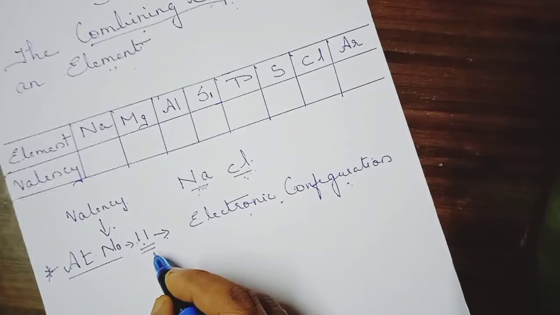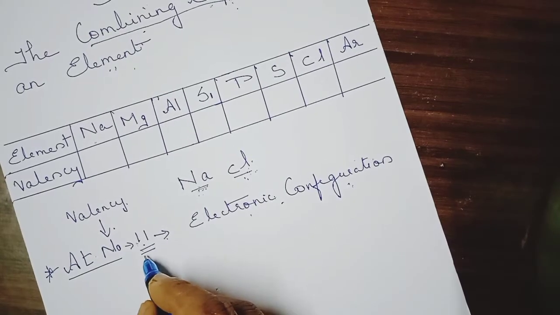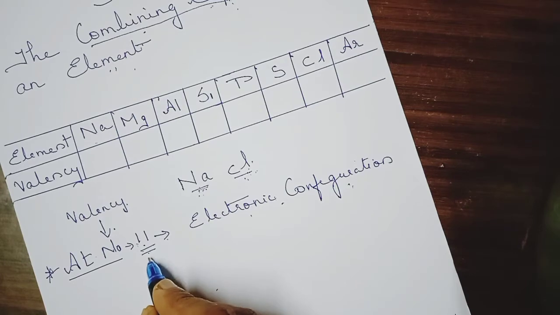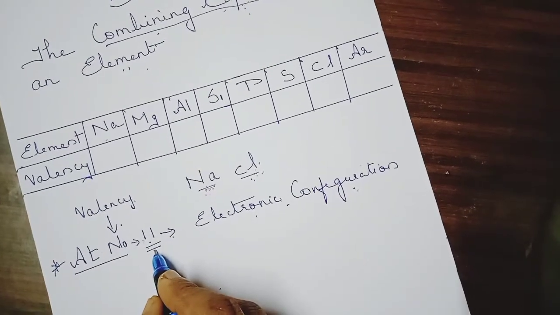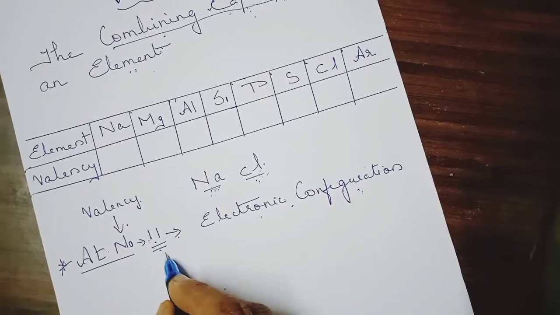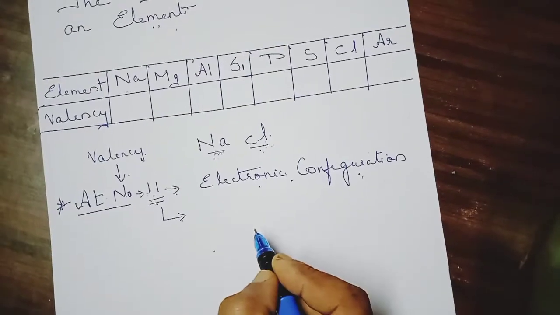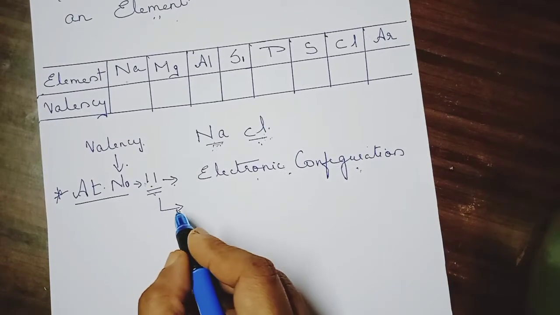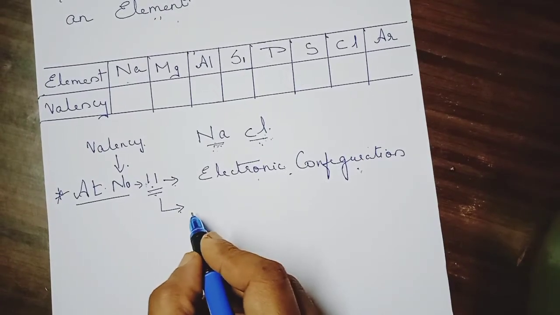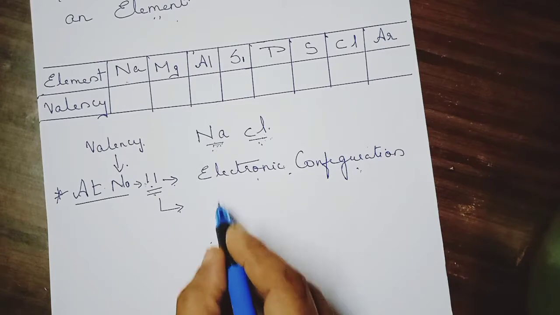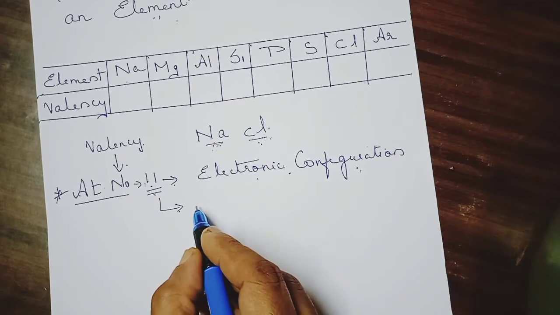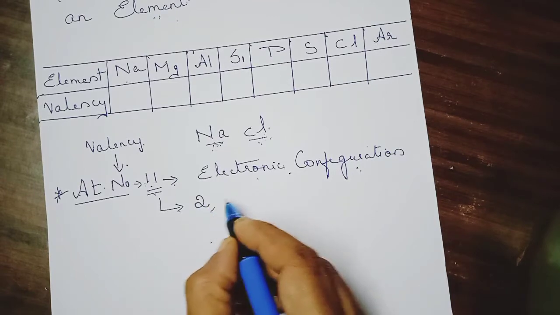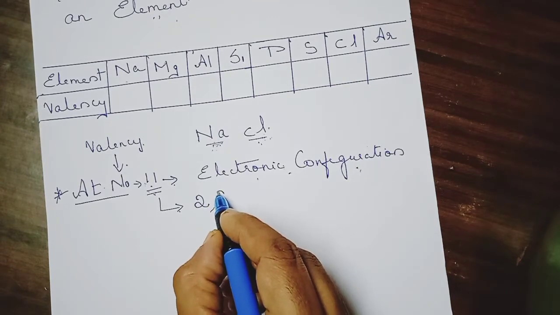Let us first find the valency of sodium. In order to find the valency, first we need to know the atomic number. So let's write the electronic configuration of sodium. We all know the atomic number is equal to the number of electrons. In the shells, the first shell has 2 electrons and the second shell has 8.